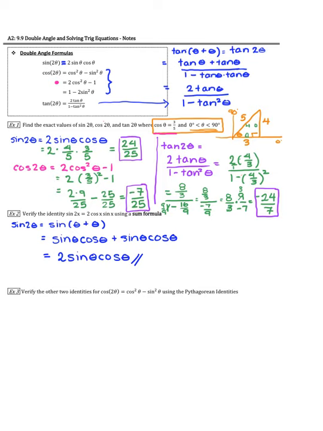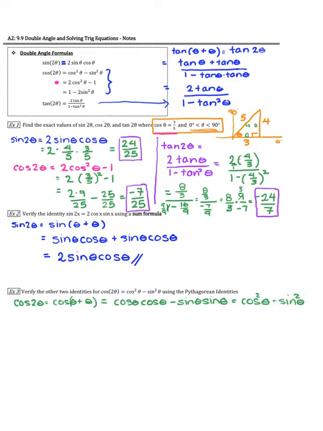All right, now let's look at the cosine. So the first thing I want to do is just derive our cosine. So we know that cosine 2 theta equals cosine of theta plus theta, basically the same process. We expand this, so this is going to be cosine theta cosine theta minus sine theta sine theta, and that gives us cosine squared theta minus sine squared theta.